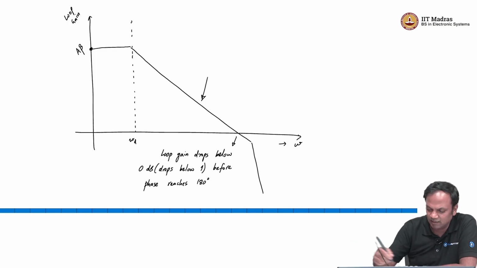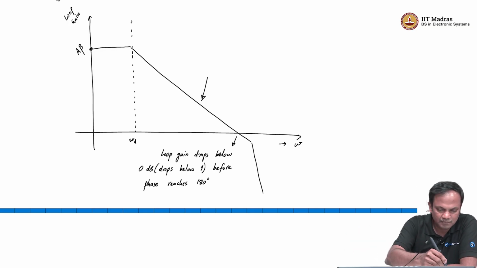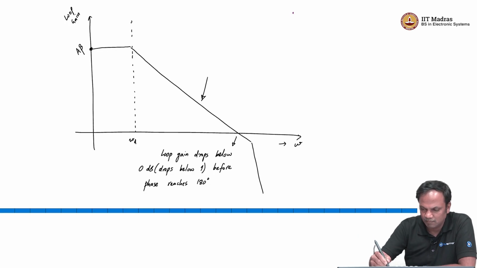So, now this is the Bode plot, or the plot for loop gain.